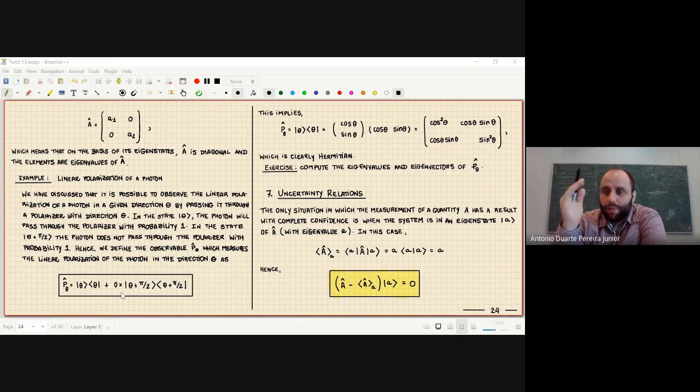If the system is prepared in the state theta, then the probability is 1. So the value associated with the measure is 1, and then the answer is yes. And I know another state, which is theta plus pi over 2, for which the chance of being detected in the polarization theta is 0.